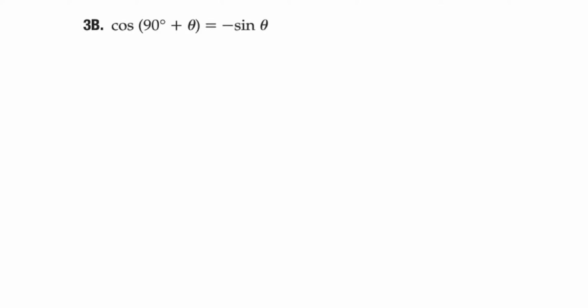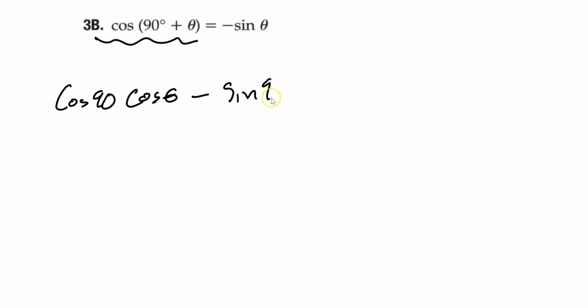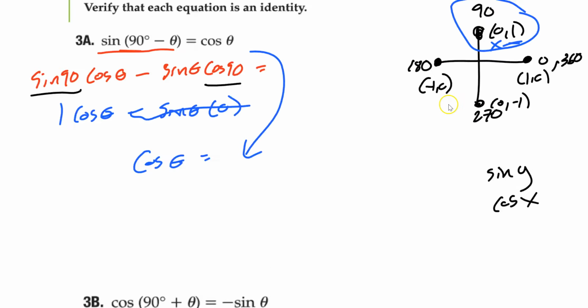Next one. Same idea. Now it's a cosine form we're going to use. So cosine 90, cosine theta, because remember cosine, it's the same at the beginning, it uses the opposite operation. And then we're going to do sine. Cosine 90, like we did up there. Same value.